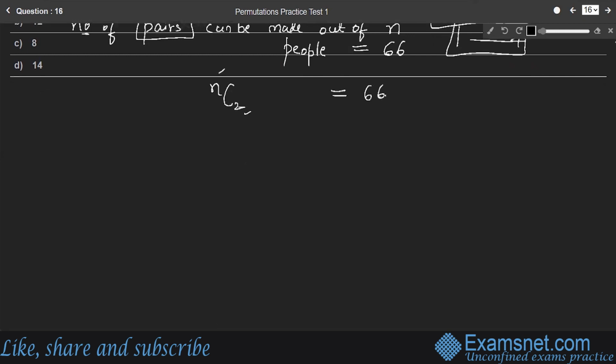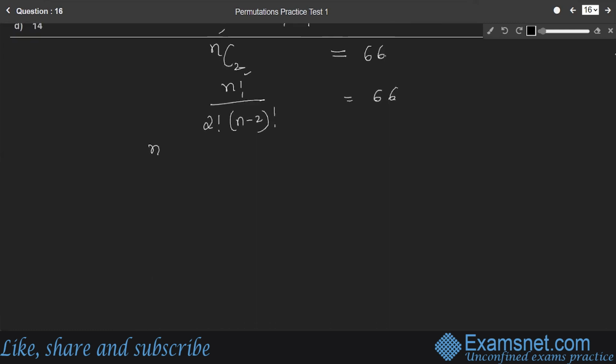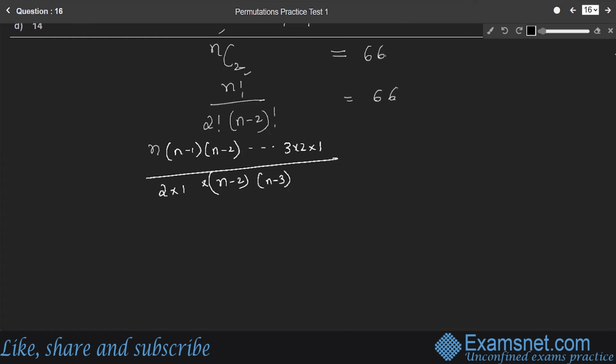Therefore, nC2 is factorial n divided by 2 factorial into n minus 2 factorial, equal to 66. Very easy. Factorial n is nothing but n into n minus 1 into n minus 2, and so on up to 3 into 2 into 1, whereas the denominator becomes 2 into 1, which is 2 factorial, into n minus 2 factorial, which is n minus 2 into n minus 3, and so on up to 3 into 2 into 1, equal to 66.